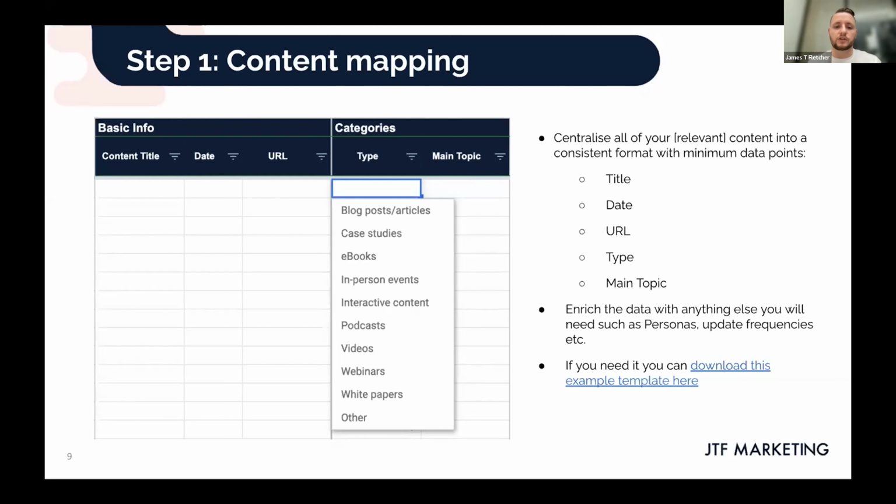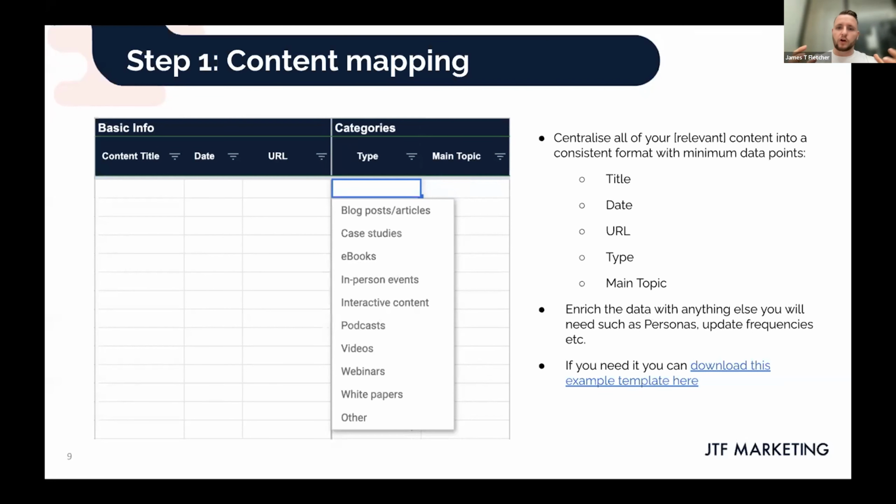Again, what is that main topic that we're driving towards? Again, you might choose to enrich this with any other data points that you feel are necessary. Maybe you want to get into length of video or number of words or author, whatever it might be. Again, how you're going to measure the effectiveness of your content is absolutely up to you.